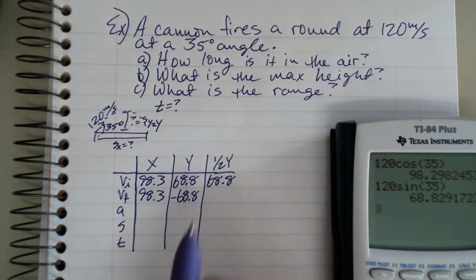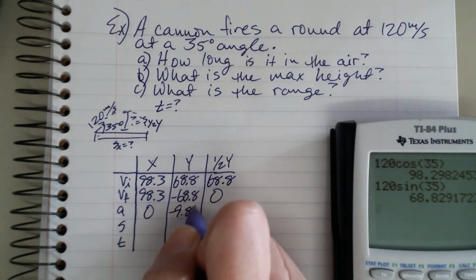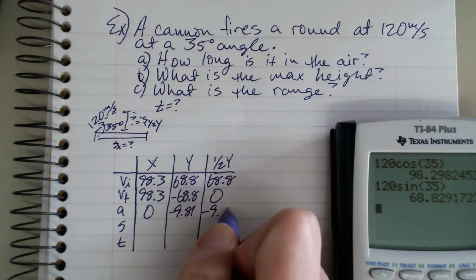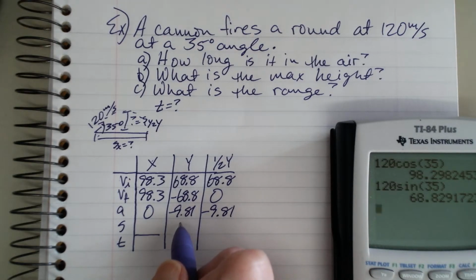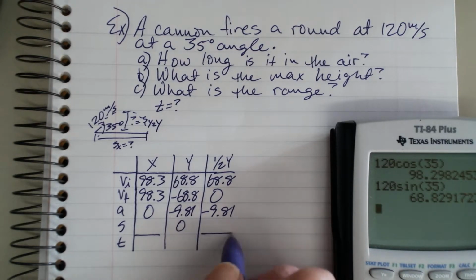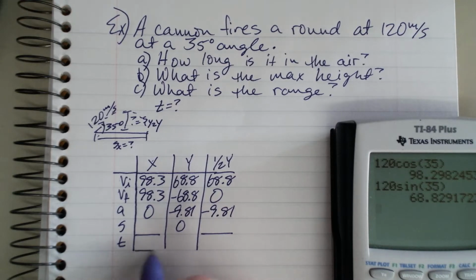My VF in the half Y is 0, because that's at the top point of the trajectory. My acceleration in the X is 0. In the Y, it's negative 9.81, and in the half Y as well. And S in the Y is 0. I'm looking for range, height, and time. Those are the things I am missing.